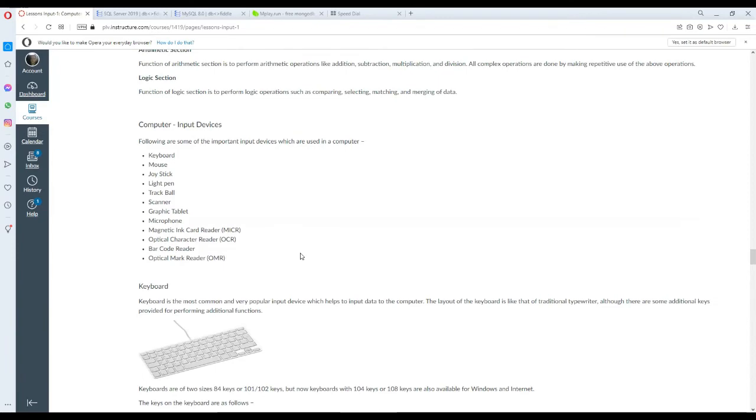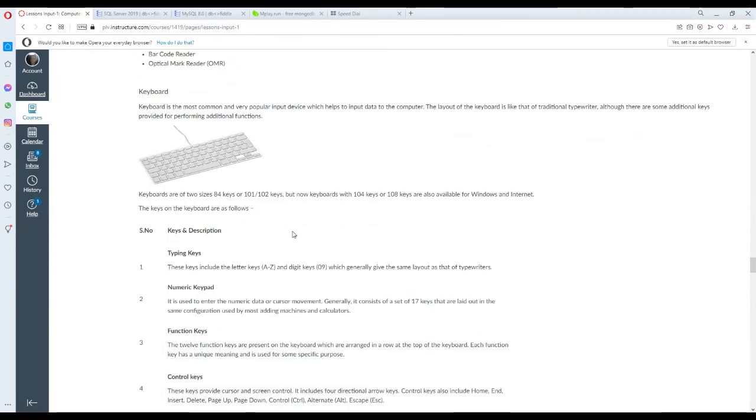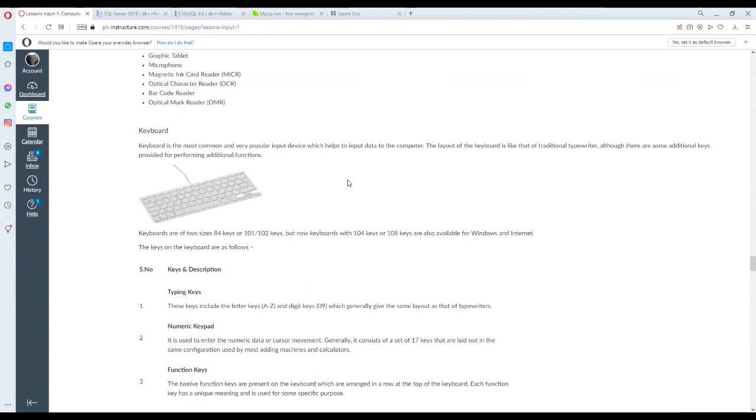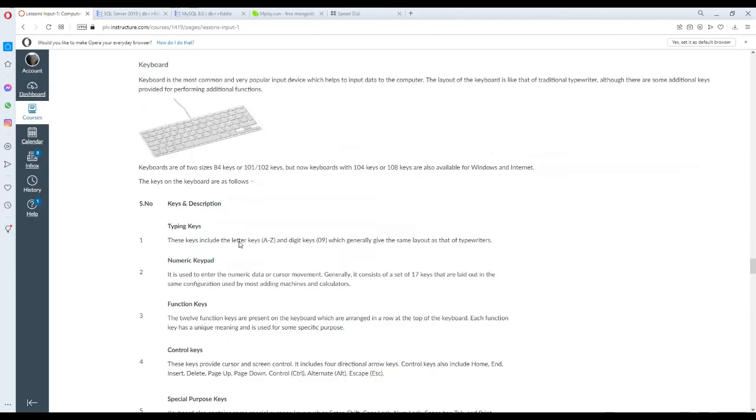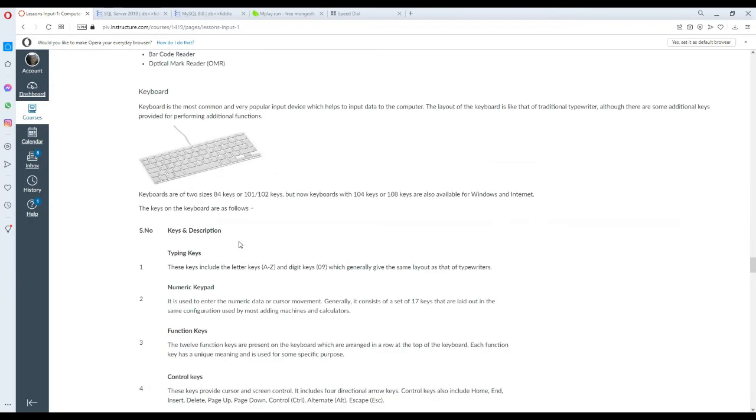For the computer devices, I think all of you are familiar with this one. We will just run down the basic devices. We have the keyboard. I guess all of you have already seen a keyboard.